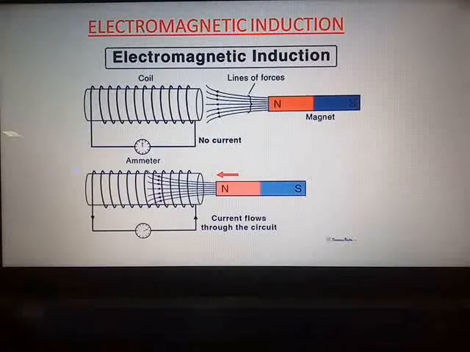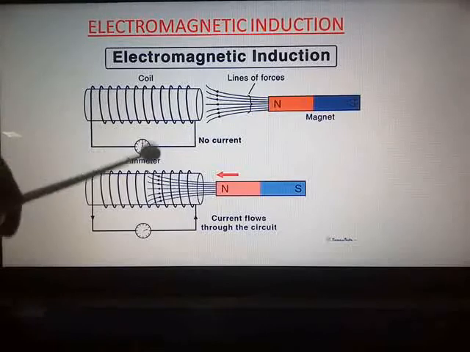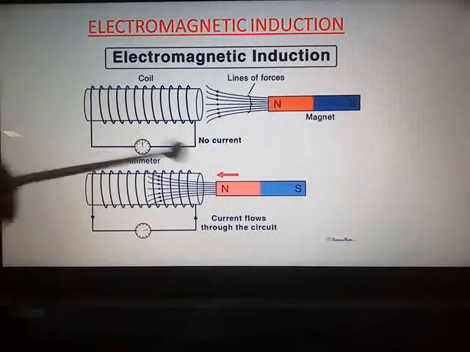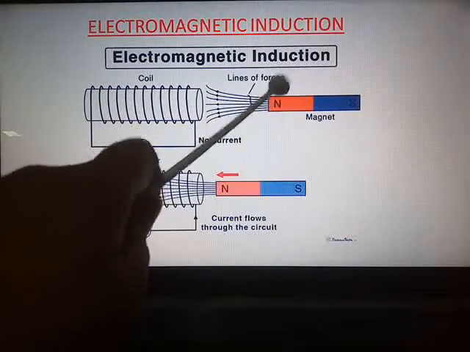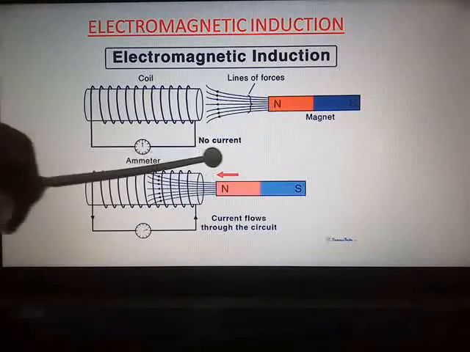In short, how you can define electromagnetic induction: the process by which a changing magnetic field in a conductor induces a current in another conductor. It is called electromagnetic induction. You can see an ammeter is placed over here. You can see the position of the magnet. No current is observed.